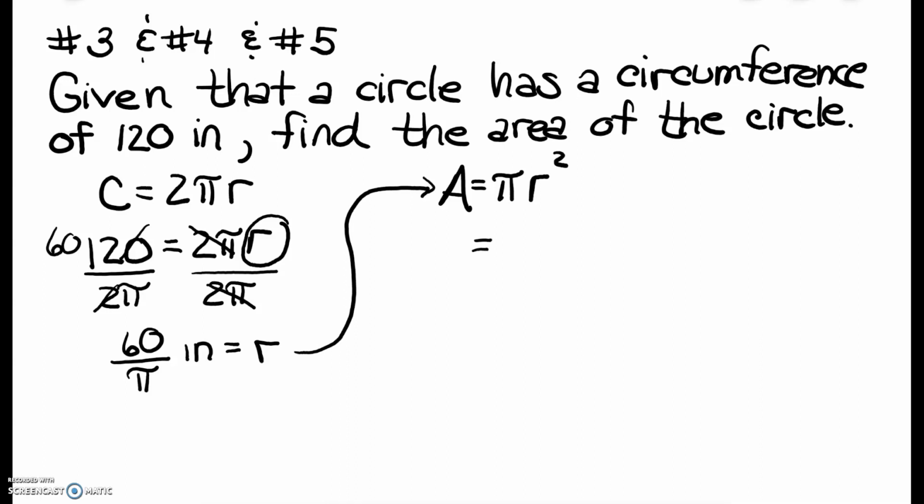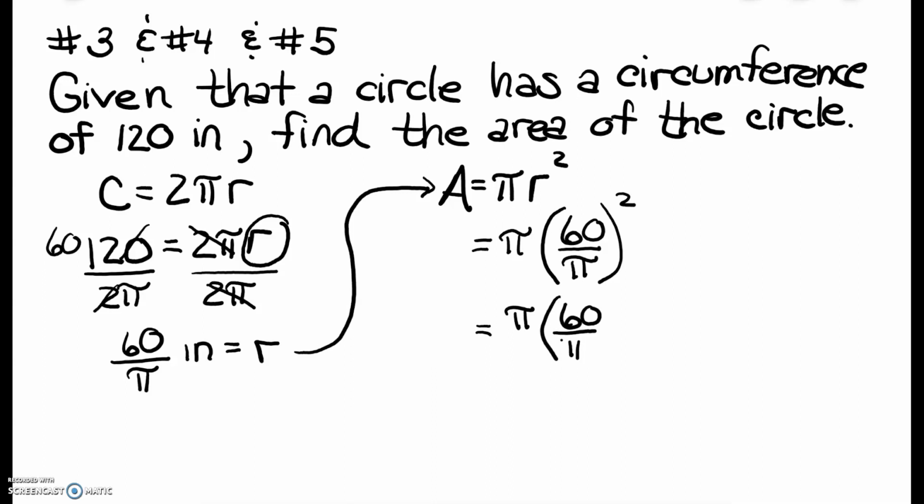So my area is going to be pi times (60 over pi) squared. To simplify this a little bit, I'm just going to write the 60 over pi twice, because I just think the math is a little bit easier here. And you're going to notice that one of the pi's reduces out.